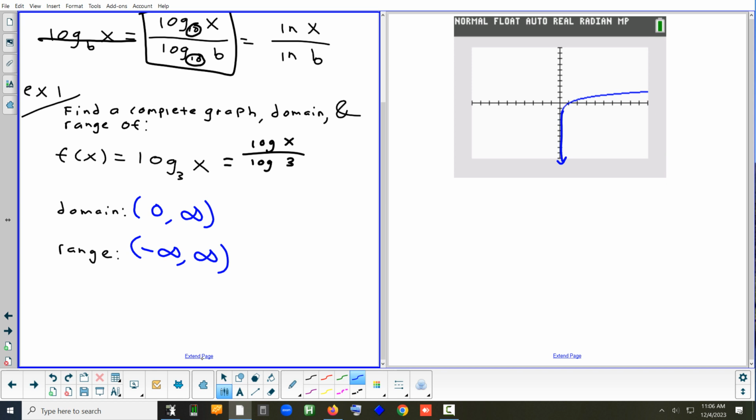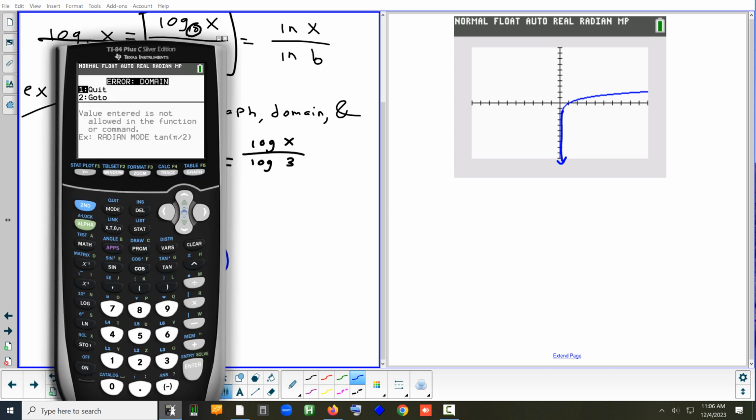Does it go up fast or slow? Very slow. Right? Remember, for a common log, by the time you get all the way to like 100,000 on the x-axis, you've only gone up 5. And it's going up, but that's slow. It's very slow.